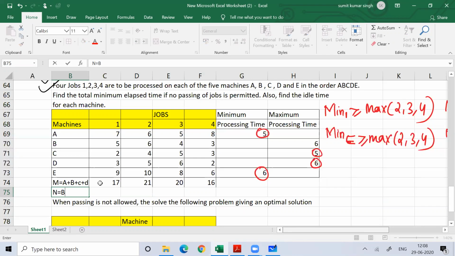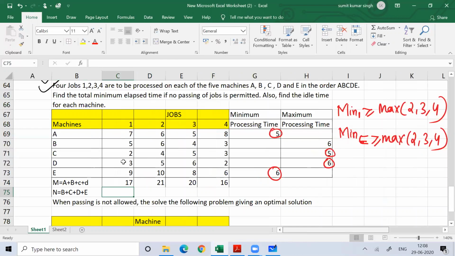Similarly, the next is machine N, B plus C plus D, and for the last machine you include the same thing. So this would be 19. You remove 7 and add 9.